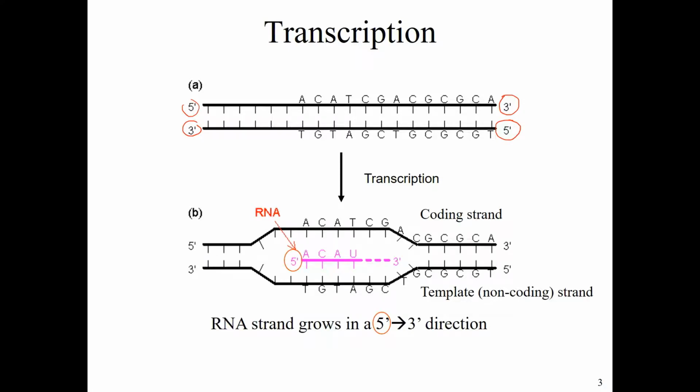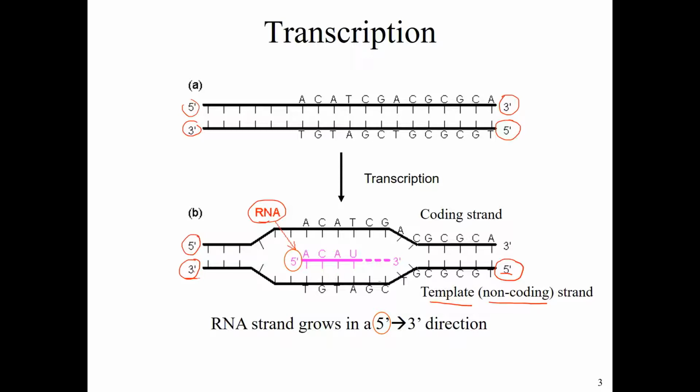So during transcription, the 3' to 5' strand is used as a DNA template to make the RNA molecule. So the 3' to 5' DNA strand is known as the template strand because it is used as a template to make RNA. It is also known as the non-coding strand.